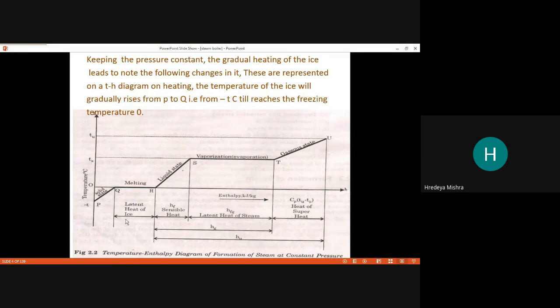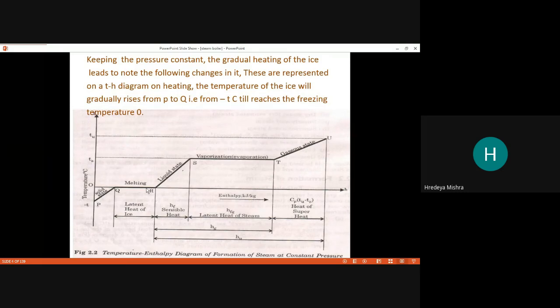So what happened? We can give heat to the ice, but temperature is not changed, and phase is changed. Here it is minus 20 degree temperature, and this reaches 0 degree, means 20 degree temperature rise till here.